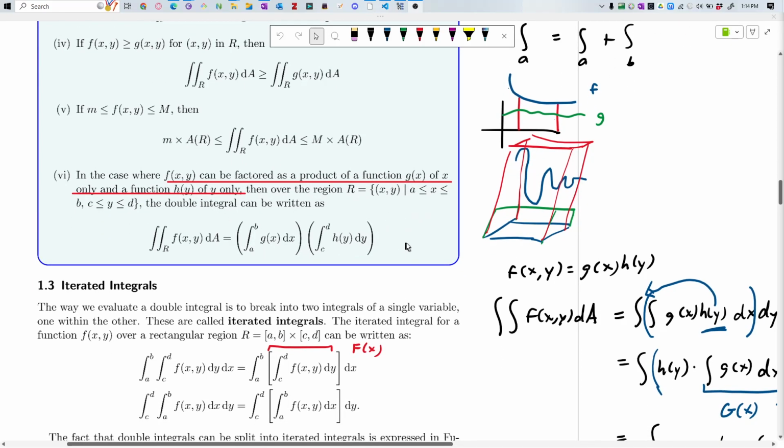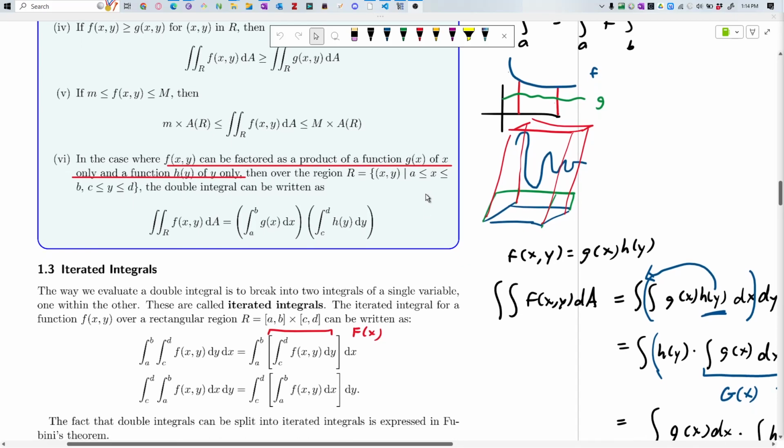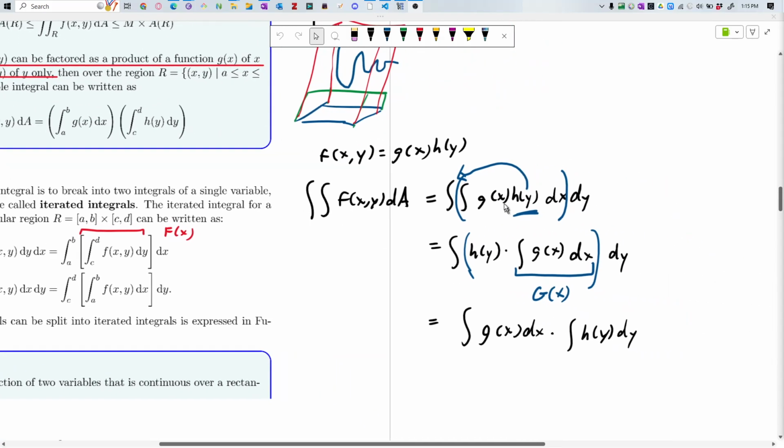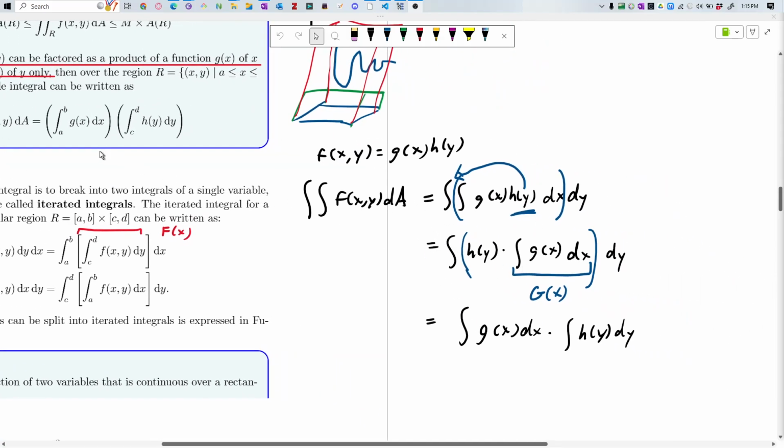Okay, and last property. So this property, I would say, is fairly important because it is very useful in your various integration problems. I always find myself using this. So yes, if the function can be written as a product of two independent functions, one that is only using the variable x, one that is only using the variable y, then I basically argue over here that this can be rewritten.